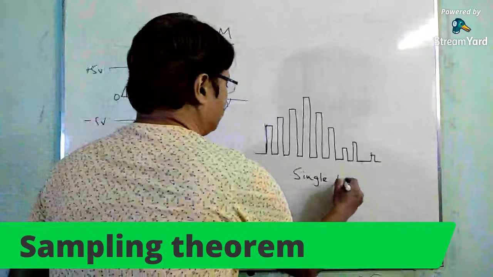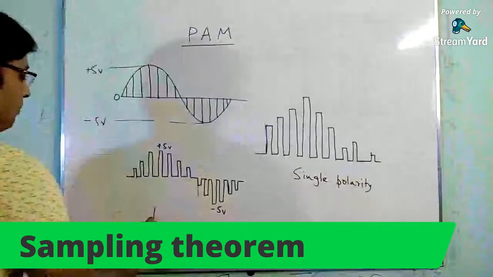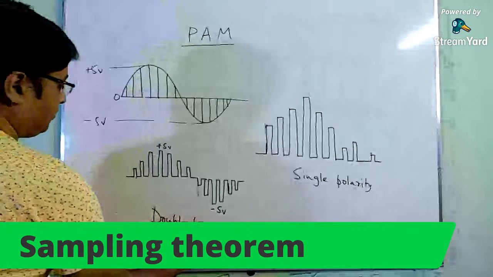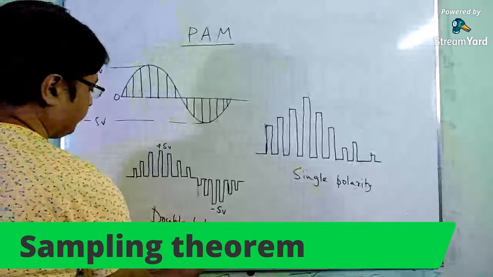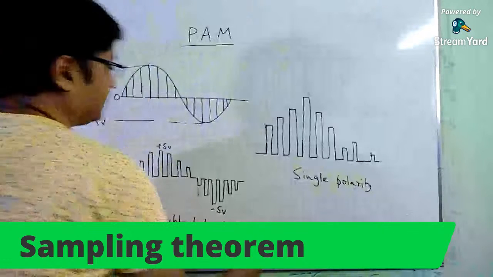So this figure shows us a single polarity PAM. So this is a double polarity PAM, and this is a single polarity PAM.